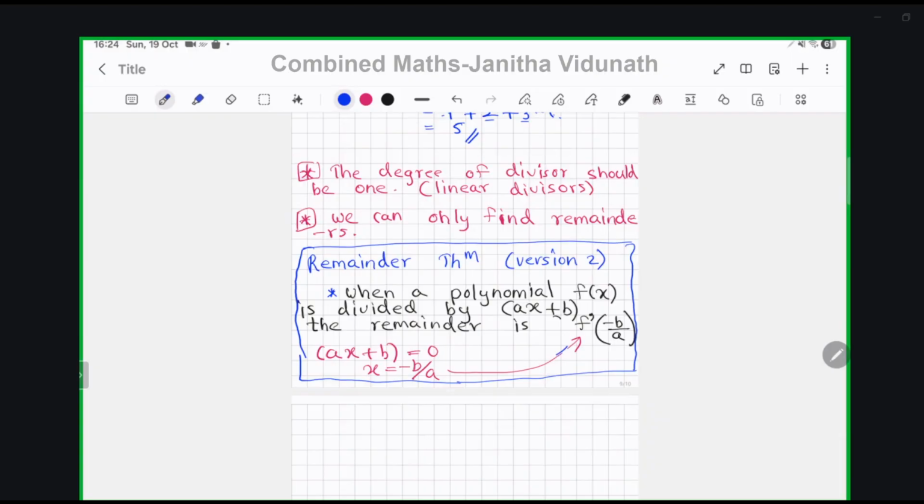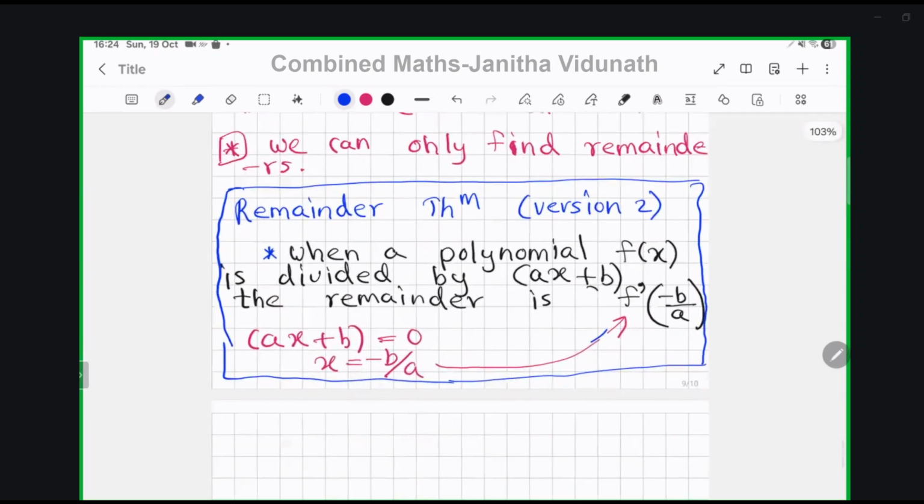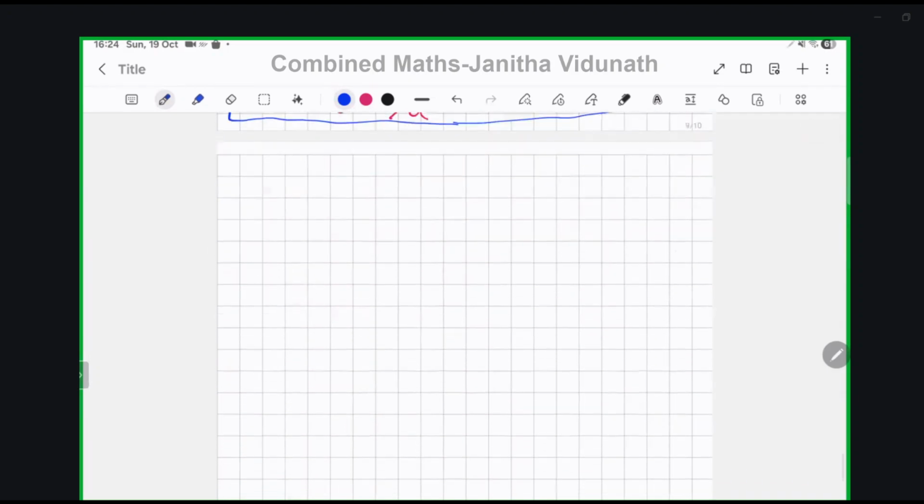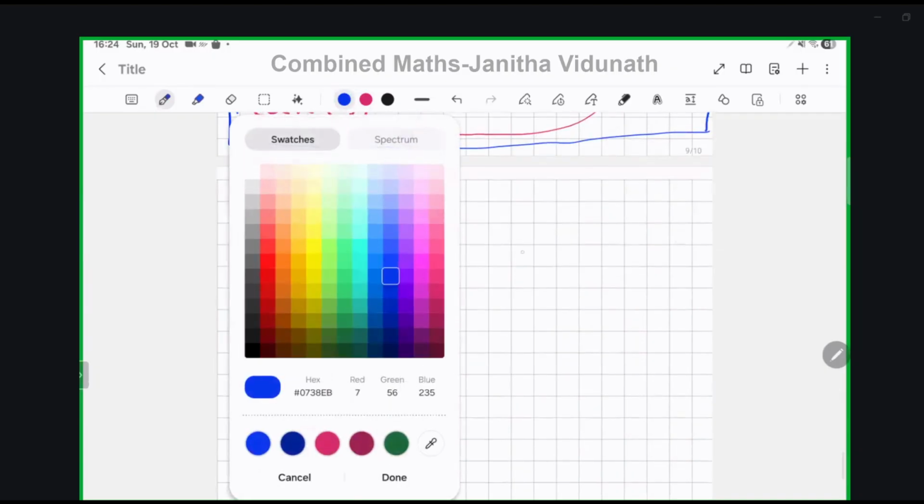Okay. Now I am going to show the proof of this remainder theorem.